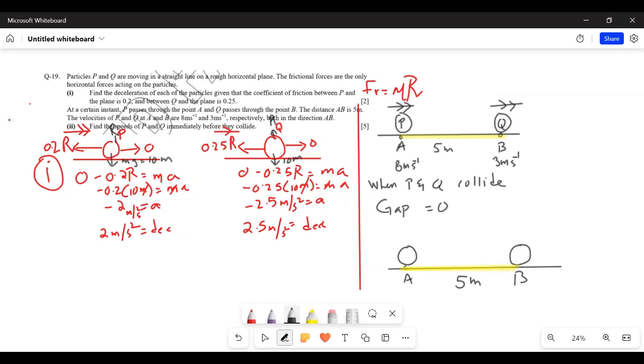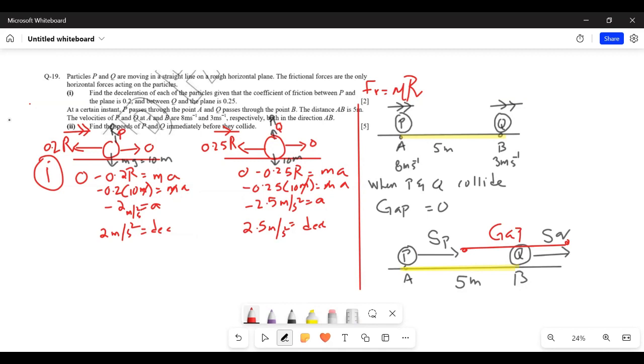Distance covered by particle P at time t is going to be SP. Distance covered by particle Q is going to be SQ. And now the gap would be this, at any time t.